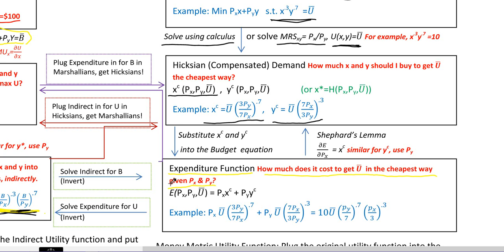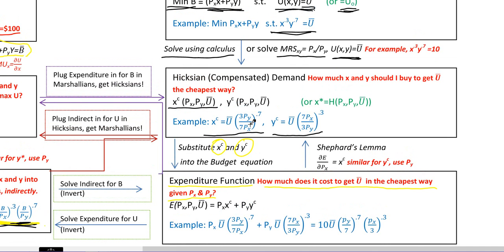Well, how do you get the expenditure function? It's not very complicated. You take your solutions, X C and Y C, the compensated demand for X and Y, and you plug them back into this budget line function.